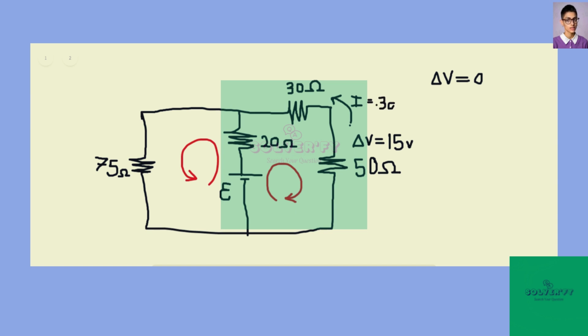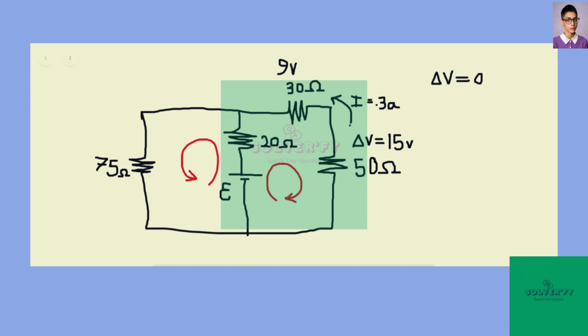0.3 amps. Excellent. Okay, we can also use Ohm's law with this current 0.3 amps and this 30 ohm resistor to find the voltage drop across that 30 ohm resistor. Again, I'm not going to get into that just because we already did that in previous chapters. It's 9 volts. Great.